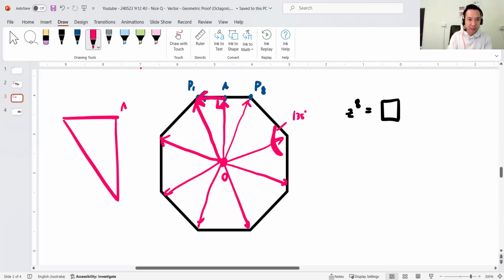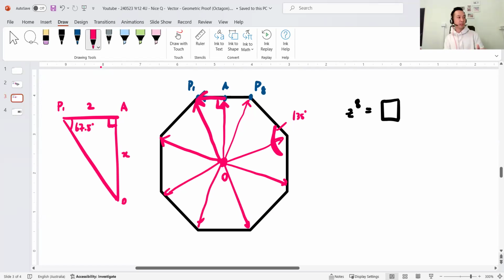So picture this side to be AP10. This triangle here is sort of zoomed in. Now, I know this length is 2. This angle here, which is half of 135, is 67.5 degrees, and the side that I really want is OP. But before I do that, can I find the length of this guy first?